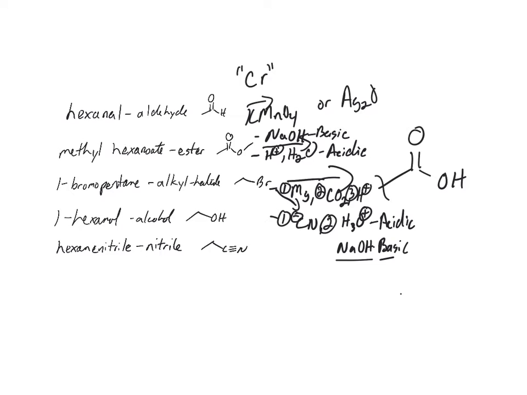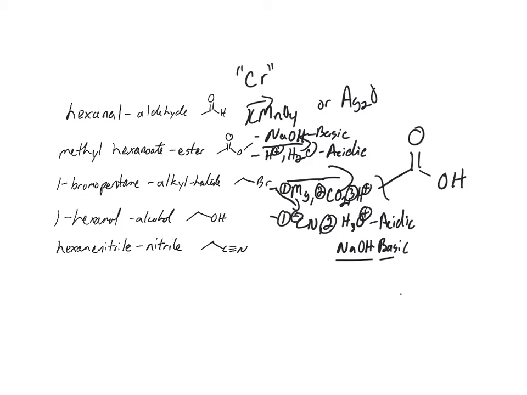I want you to do the acidic way. Write out the basic way, see if you can do it. I'll show the acidic mechanism you've seen before, and I'll redraw the basic one when we get there. There's 2 ways to turn a nitrile into a carboxylic acid: H3O plus, or NaOH. And I'll show the mechanism for that.